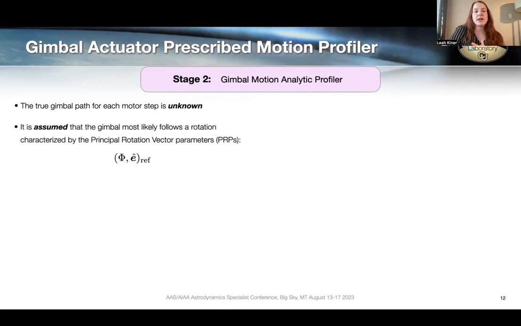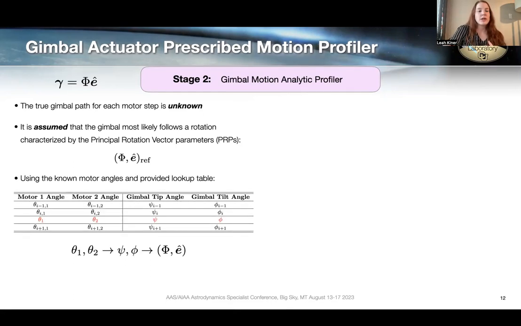So here we're making an educated assumption that the gimbal most likely follows a rotation through a principal angle about a principal axis E hat. And this is a characteristic of principal rotation vector parameters.